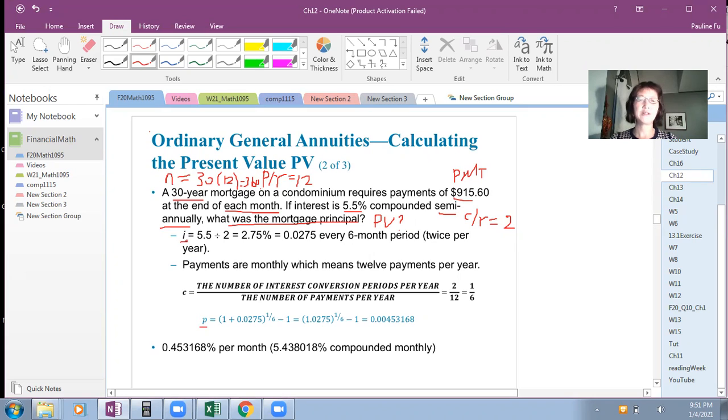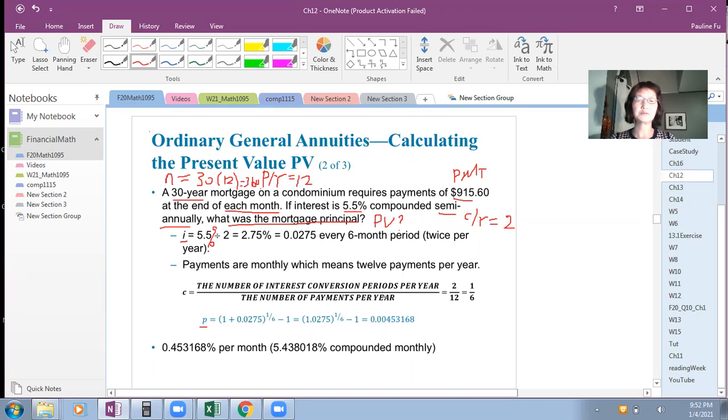So I is 5.5% divided by 2, because it is compounded semi-annually. So it is 2.75%, equal to 0.0275.